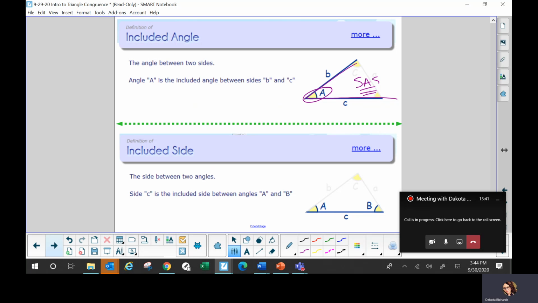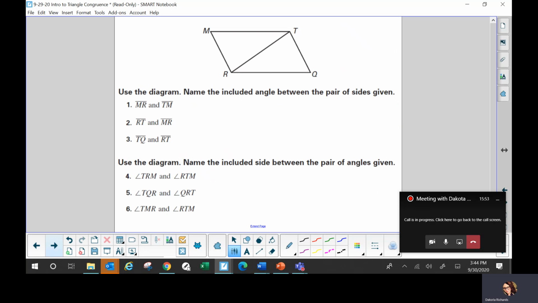So this is going to be the side that's in between two angles, and this is going to work for angle, side, angle, because that side is in between.